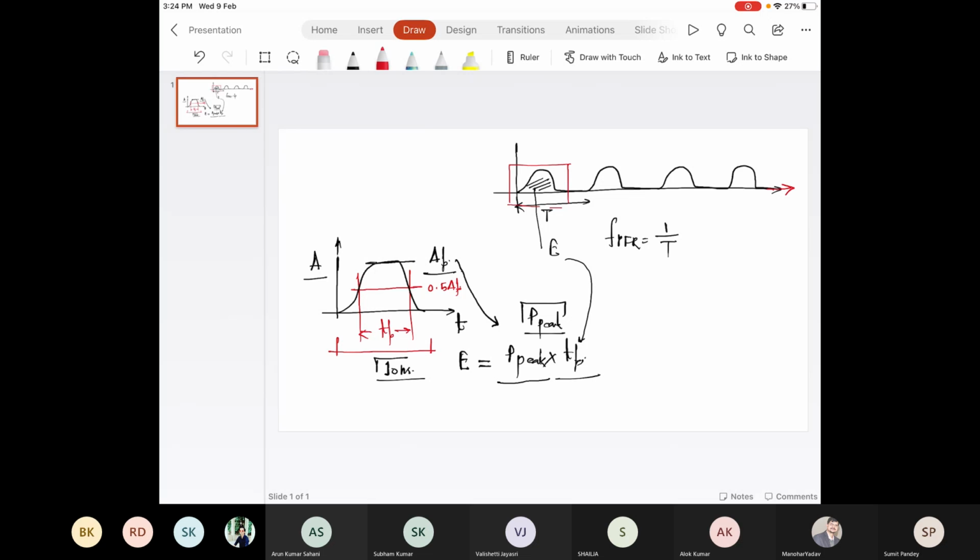There we'll calculate the average power generated by the laser beam, which has continuous laser pulses fired at a particular fixed time period. So what will P average be?